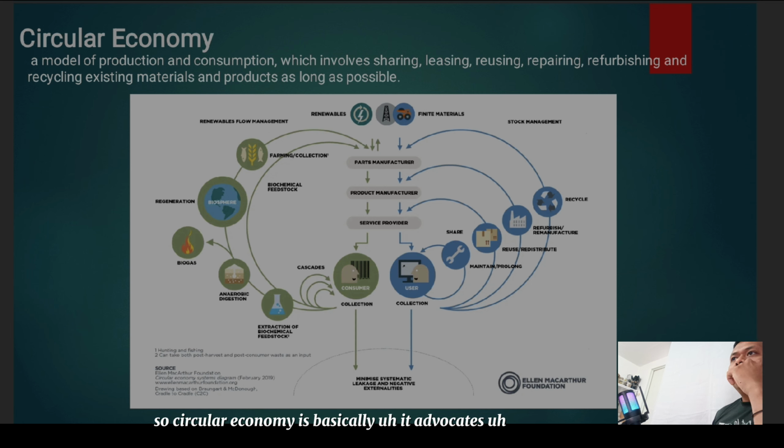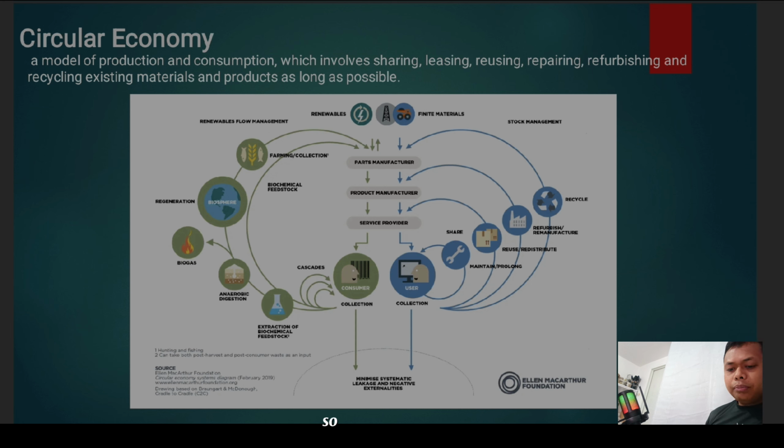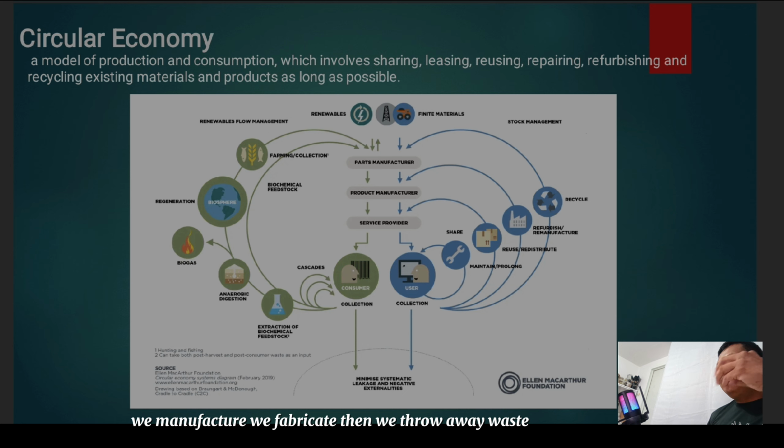Circular economy is basically an approach that advocates minimal to no waste and zero pollution. There should always be a certain return in the cycle, not just a linear process where we gather materials, we manufacture, we fabricate, then we throw away waste.